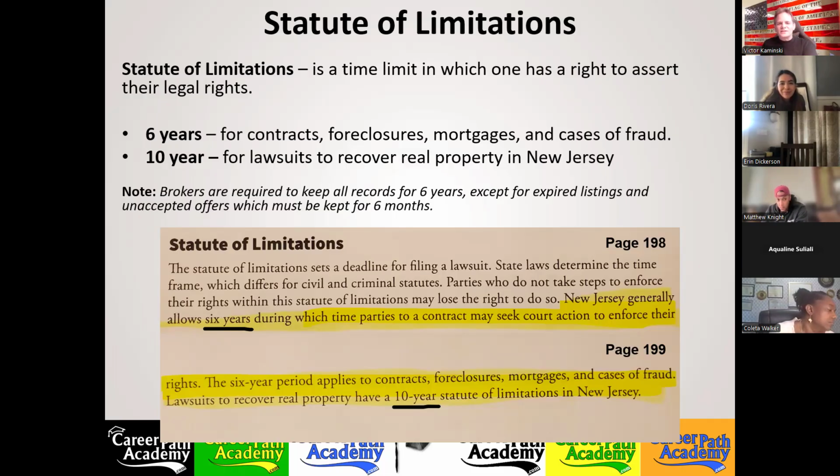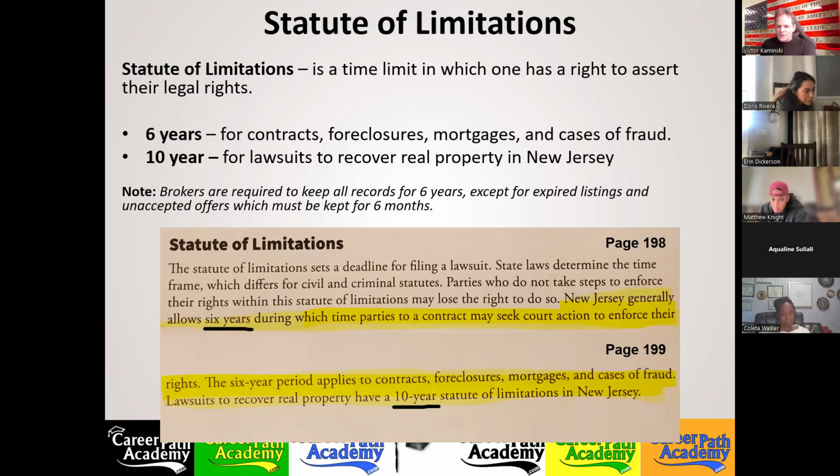And then there's a 10-year statute of limitations for lawsuits to recover real property in New Jersey. If you want to get it back, you'll need to know this for exams. So let's highlight on page 198 and 199. New Jersey generally allows 6 years during which time parties to a contract can seek court action to enforce their rights. The 6-year period applies to contracts, foreclosures, mortgages, and cases of fraud.